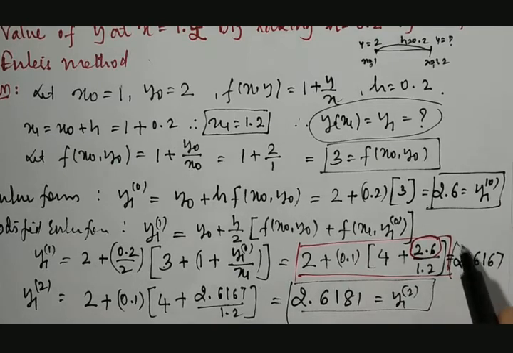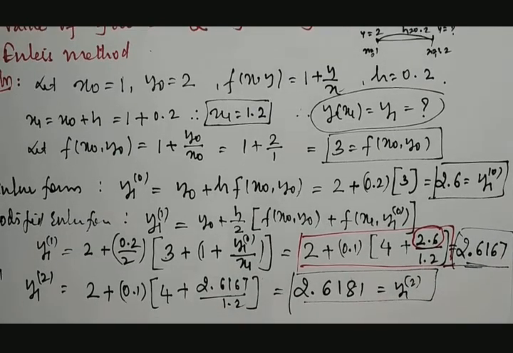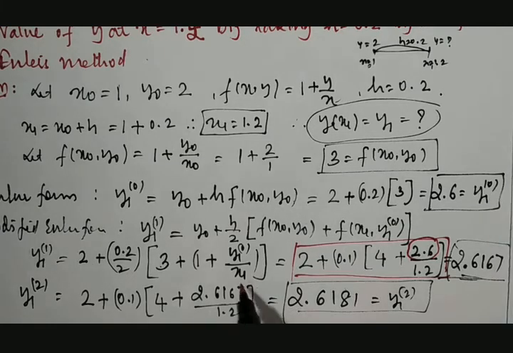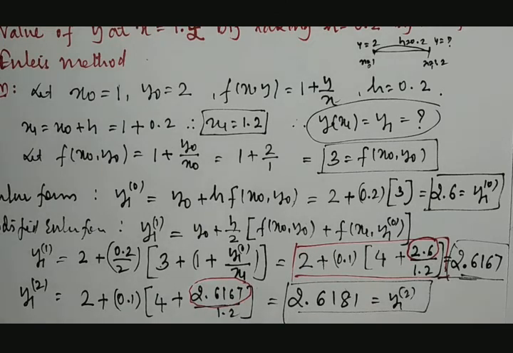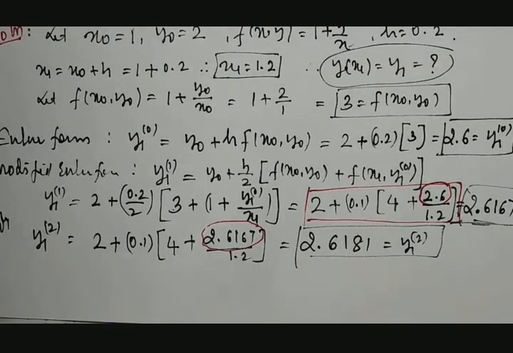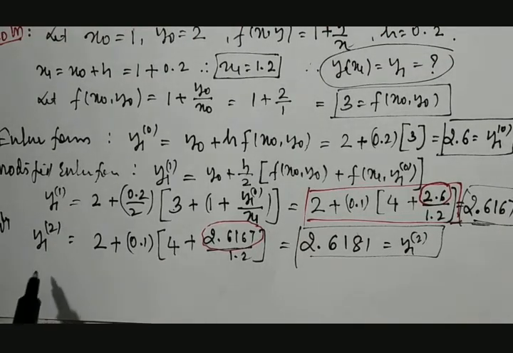Then similarly, we'll take the next one, just by replacing this value by the new result to obtain the next iteration or approximation. So that is the third approximation.